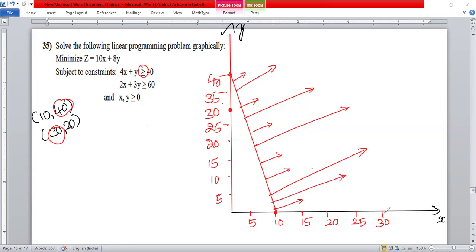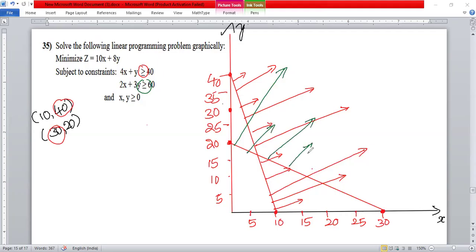Next 30 comma 20. So 30 comma 20. Now that is also greater than or equal to, so outside the region.